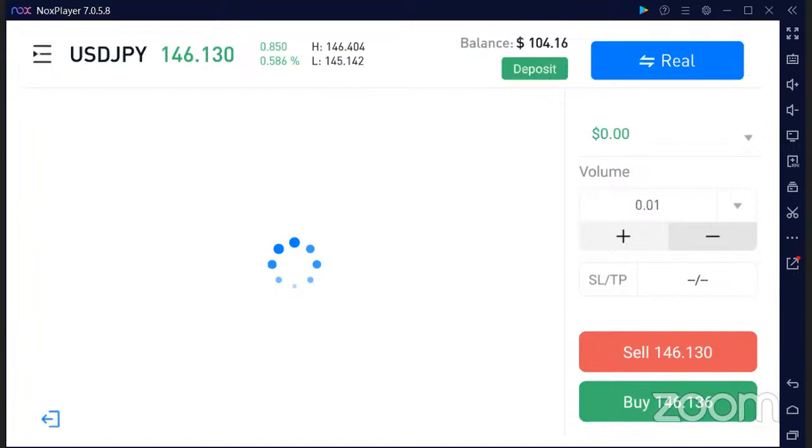If you say this market is going to buy, but later the market sold, that means you've made a loss. But if you say this market is going to buy, then the market bought, you made a profit.